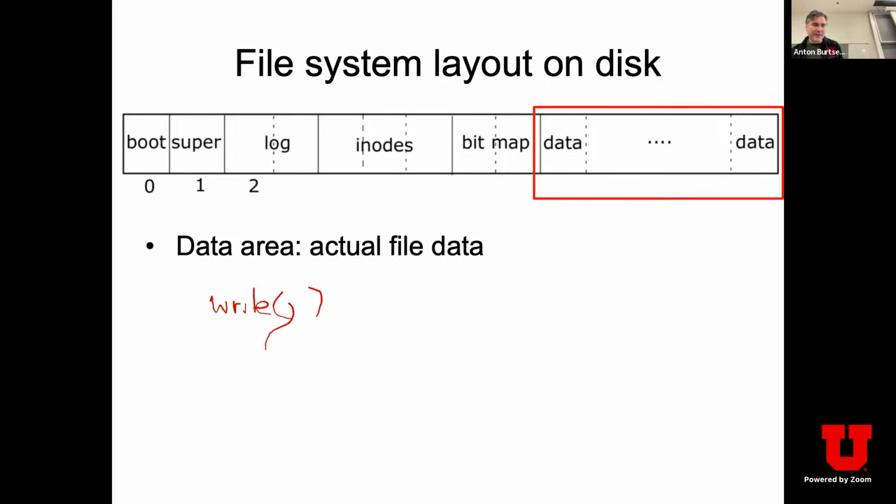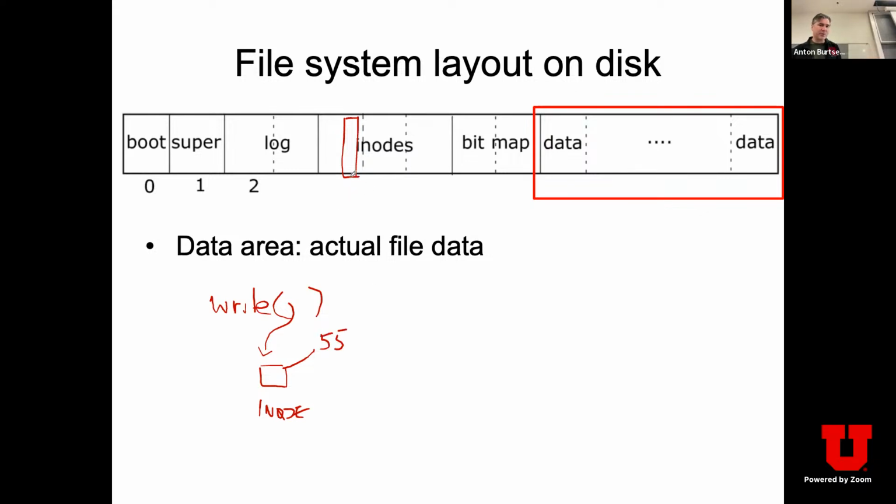So remember when you do a file write, for example, somewhere inside the kernel there will be an inode. This inode will match an entry in the inode array in the file system, let's say inode number 55.